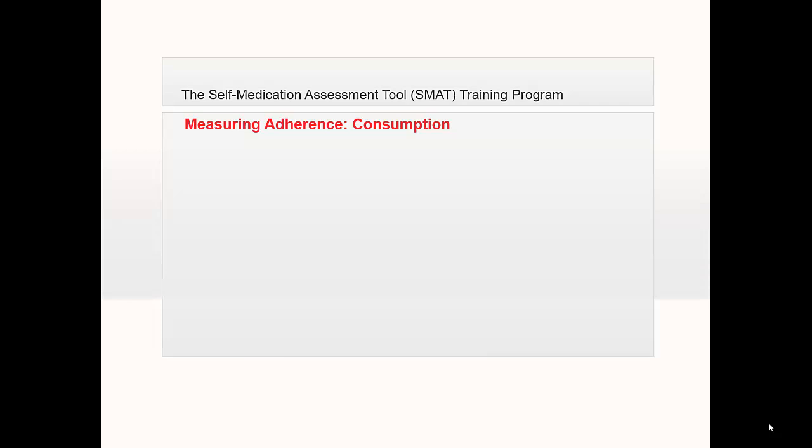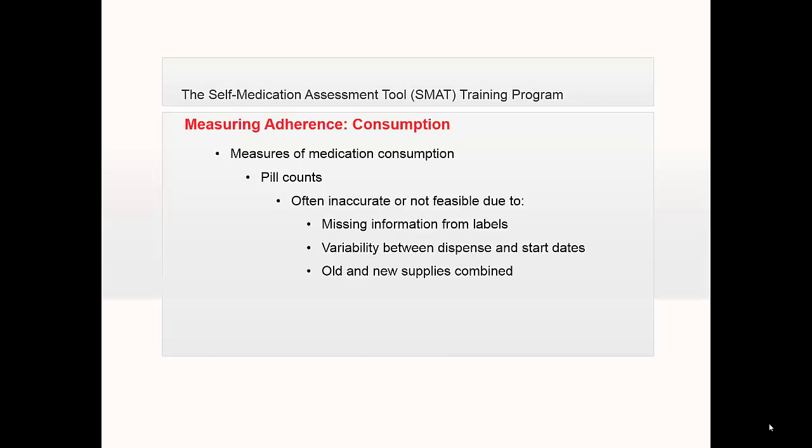In addition to the various factors that can influence adherence, there can also be difficulty in the measurement of adherence. First, adherence can be determined through measures of medical consumption, such as pill counts. However, this can often be inaccurate or not feasible due to missing information from labels, variability between dispense dates and start dates, and when old and new supplies are combined.